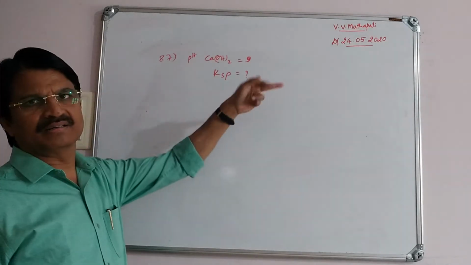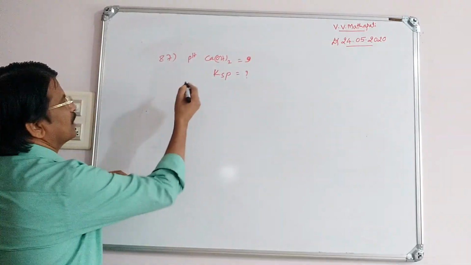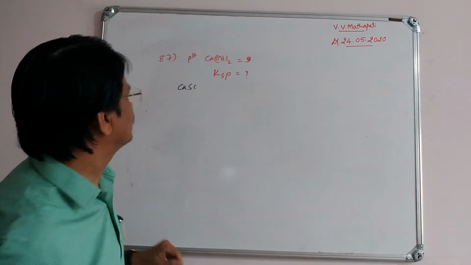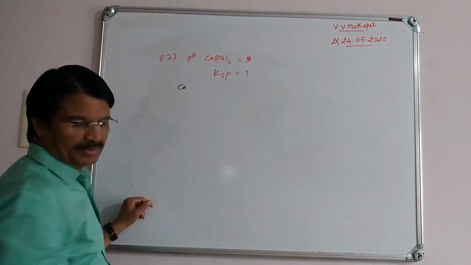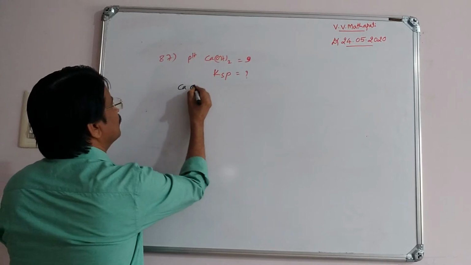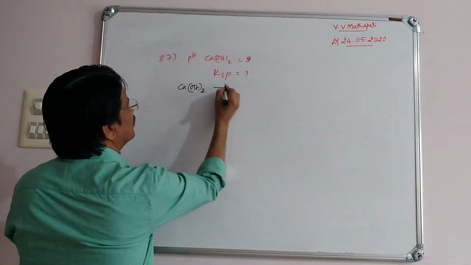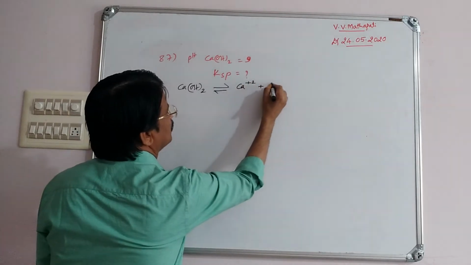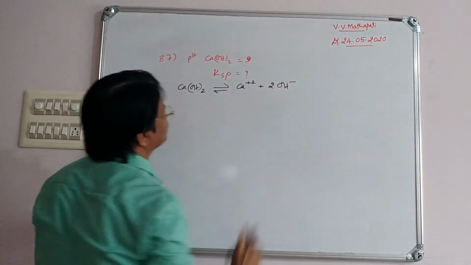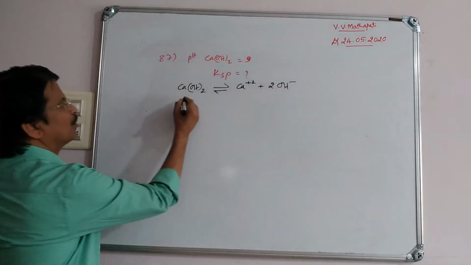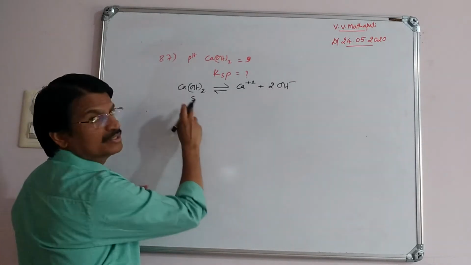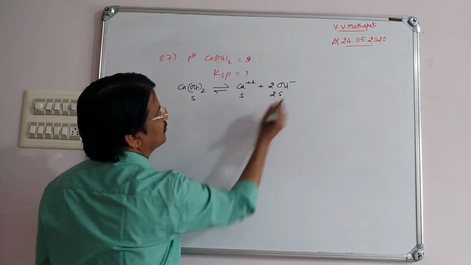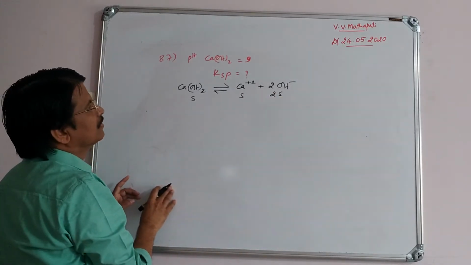Then regarding KSP, calcium hydroxide we can write in the reversible form. This is a weak base, reversible to calcium ion plus 2 moles of OH ion. For 1 mole of calcium hydroxide, the solubility is S, giving 1 mole and 2 moles.